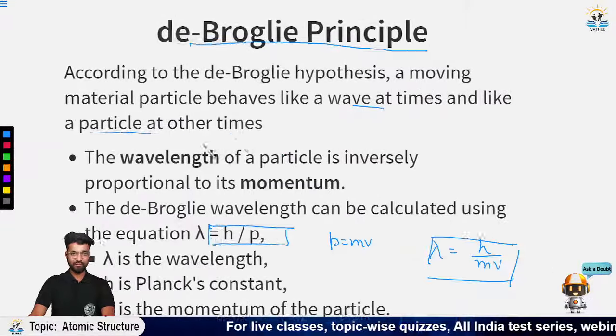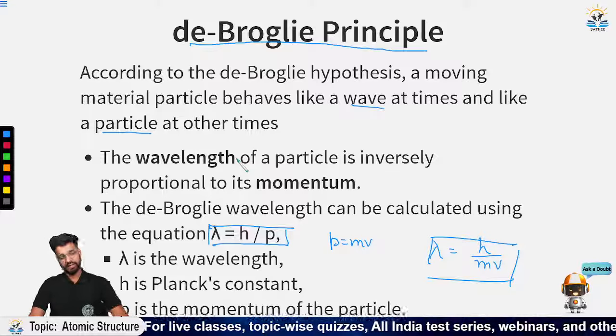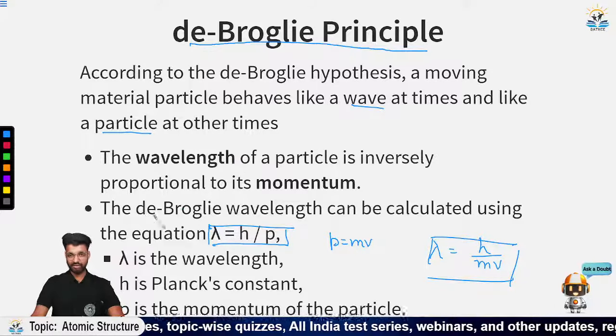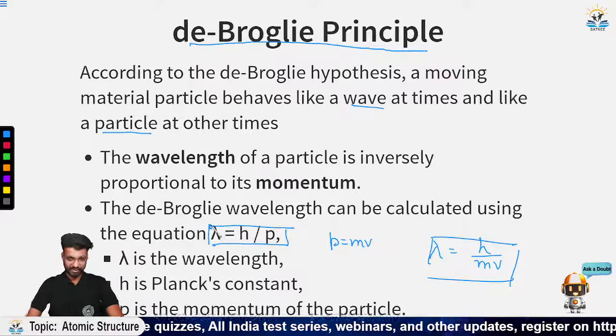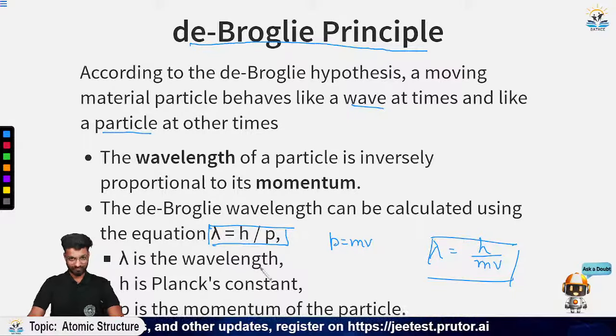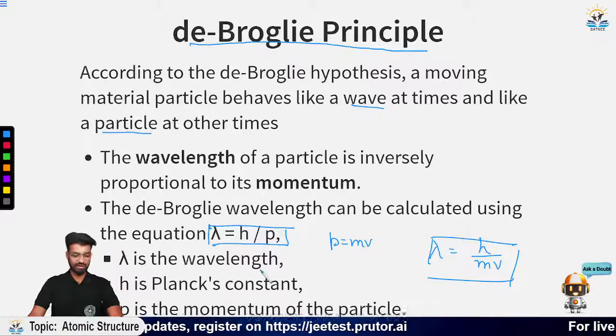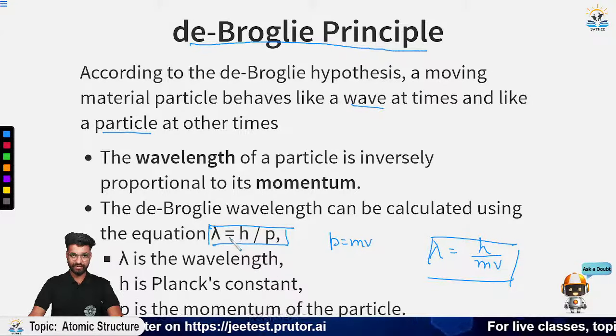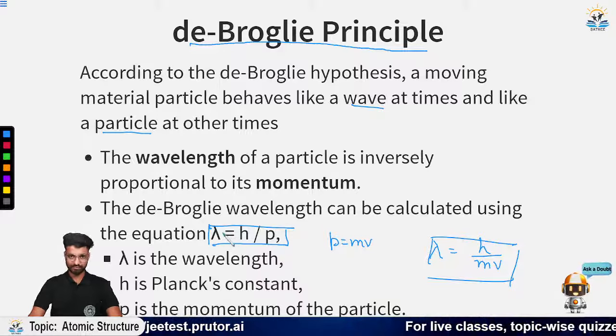Before moving to the question, let me give you the derivation of that. I have said earlier also that this formula was not experimentally verified; it was just a hypothesis.